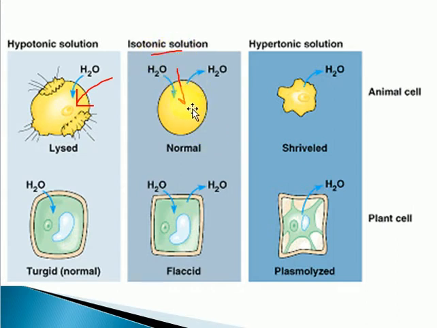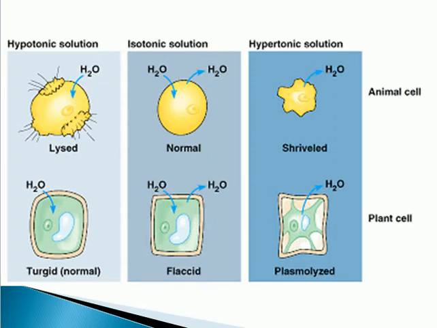The water would move towards the outside and it would move towards the inside also, and there is no net change in the shape of the cell. Here in case of a hypertonic solution, the water moves outside because in a hypertonic solution the outside medium has less concentration of water, more solute but less water. So water from the cell would move towards the outside and the cell would shrivel, or we can say the cell would shrink. So this happens in case of an animal cell.